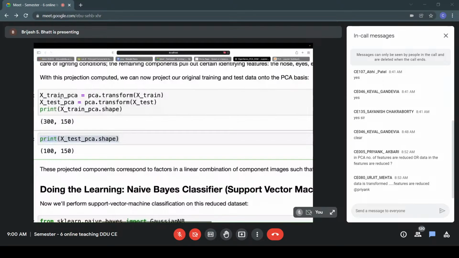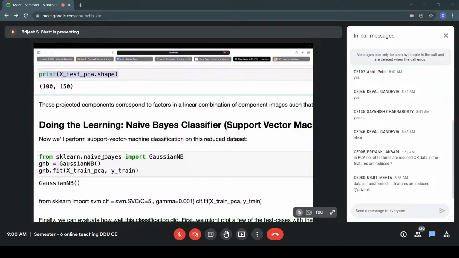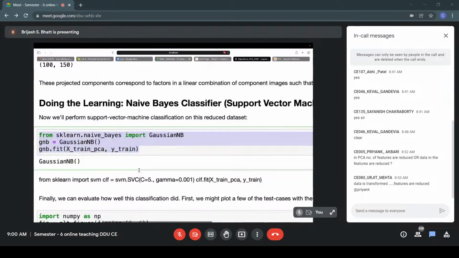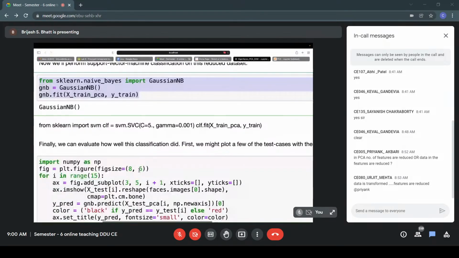Here again, the bracket, support vector, means you can do this for support vector machine also. The only thing you need to change is these 3 instructions. Here instead of Gaussian naive-Bayes you can use support vector machine. So the description is still on support vector machine, but we are using the naive-Bayes classifier. Right?